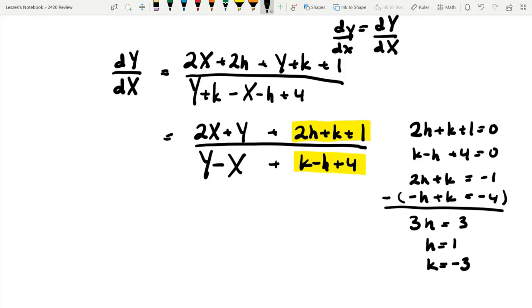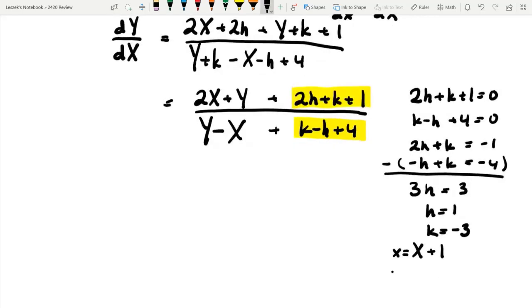All right. But that's it, right? We just save that and put that in our back pocket, that we let x, the original x, be big X plus h, and we let little y be big Y plus k. Let's put that in our back pocket because it's already done its job, right?